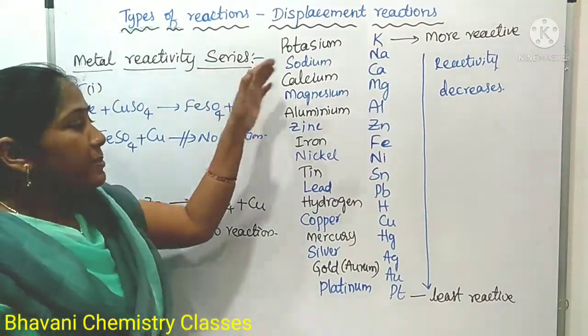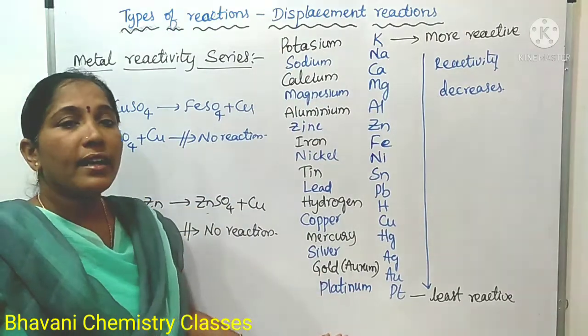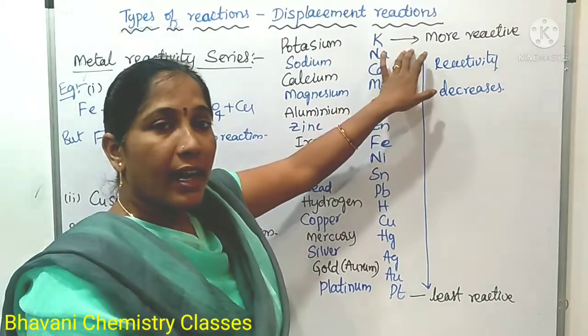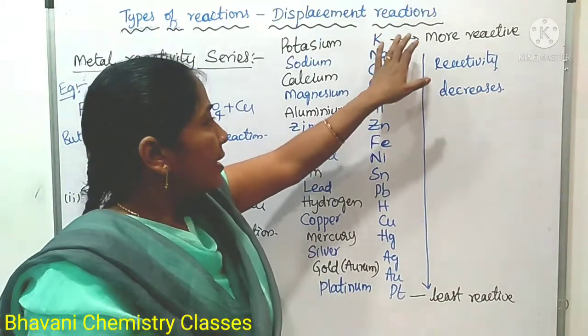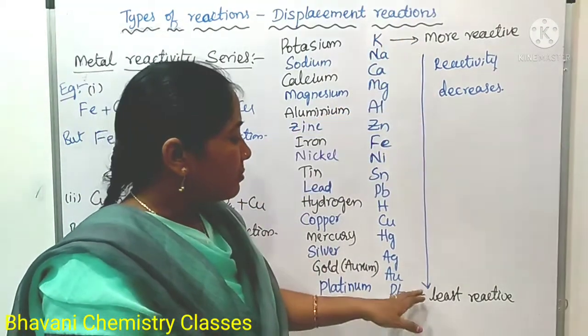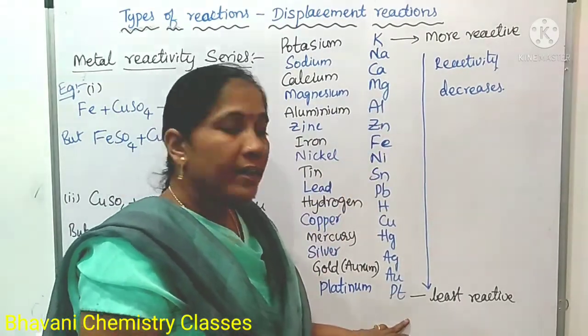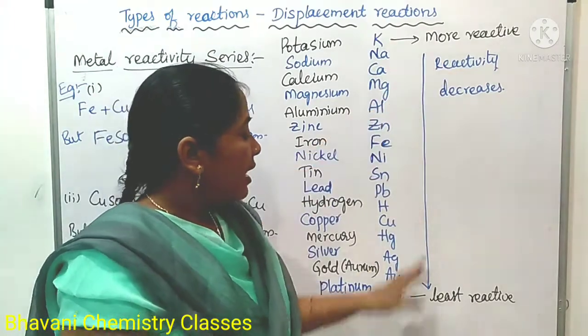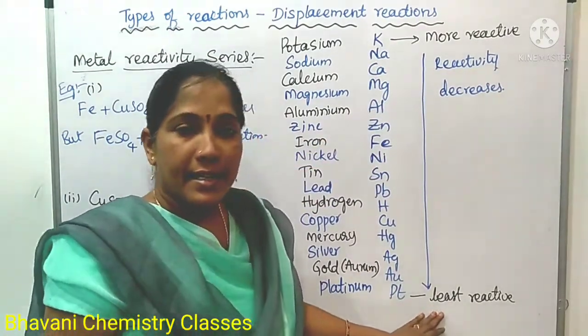This is the arrangement of metals according to their reactivity. In this series, the more reactive metals are kept at the top, and from top to bottom the reactivity decreases. That means the topmost element is the most reactive and the bottom element is the least reactive.